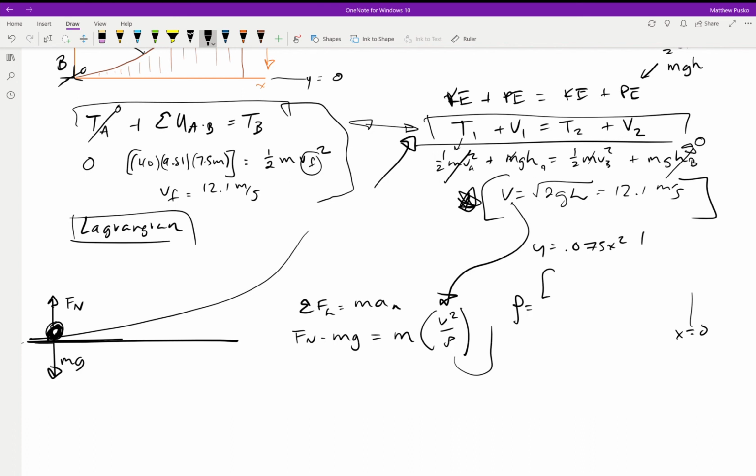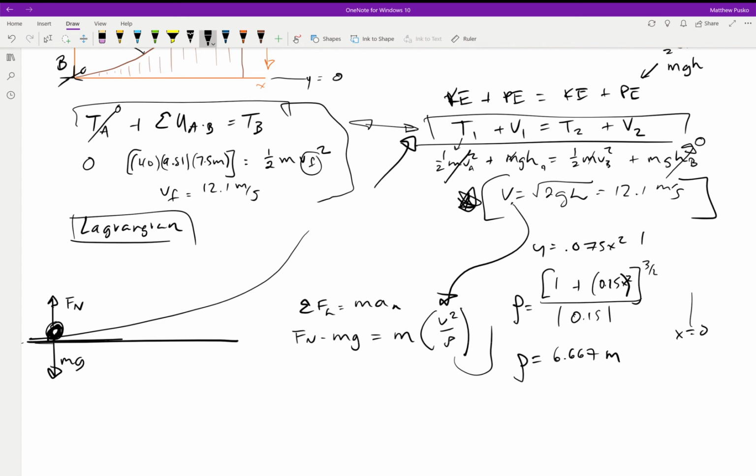So after taking the derivatives, you get 1 plus 0.15x, and that whole thing gets squared, and then that whole thing gets raised to 3/2, and then the second derivative goes on the bottom, the absolute value, and that's evaluated at x is equal to 0. And when you do that, you get a radius of 6.66666666 meters.